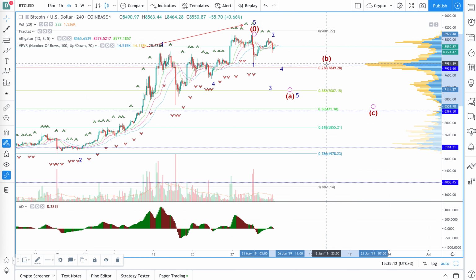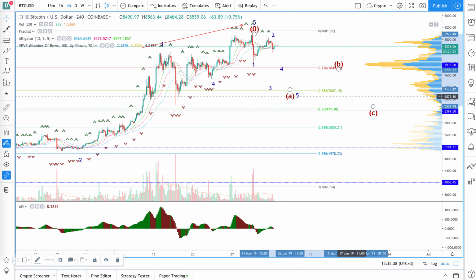And then it should go up, and you can also see that 0.2 and the potential resistance and support level is also meeting quite nicely. So we can assume that this will be an upward move up to another 8,790, somewhere around that area, and then the final bit where we're going towards 6,500.